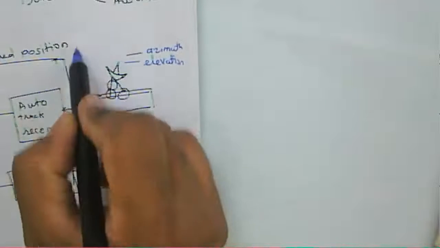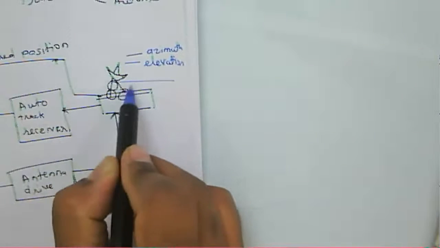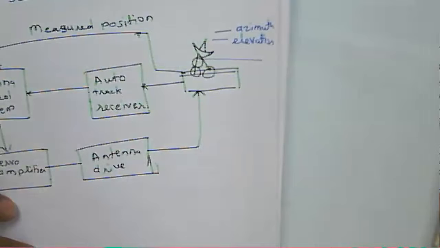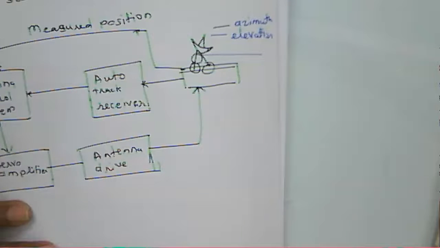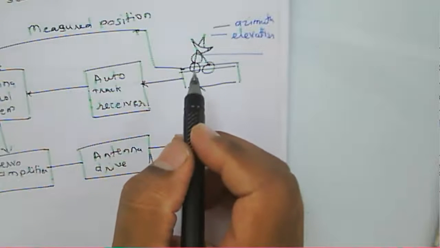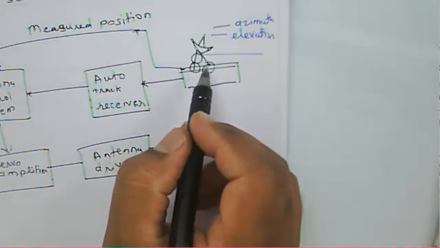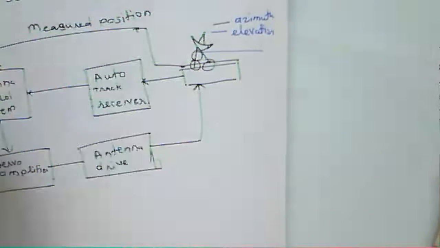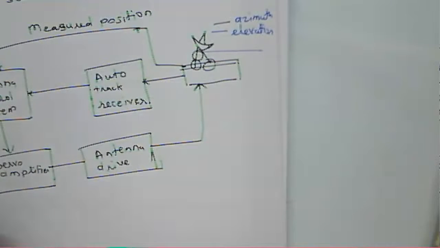Okay, so now the position of the satellite. This is about elevation, that angle. We have the azimuth angle likewise. So we can say elevation and azimuth. According to that, the particular motors are rotating, and they will fix the elevation or azimuth of the antenna.